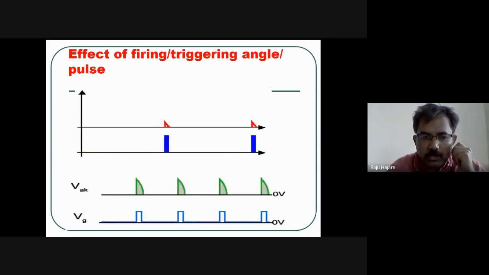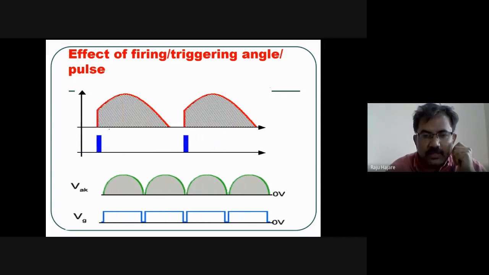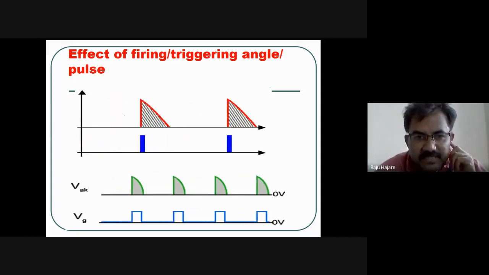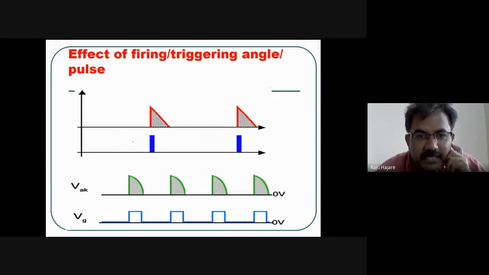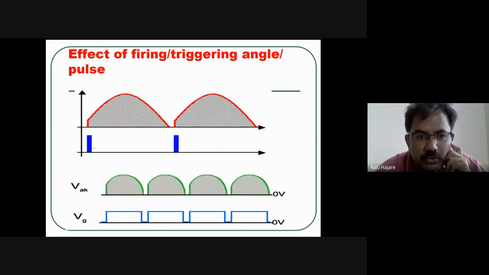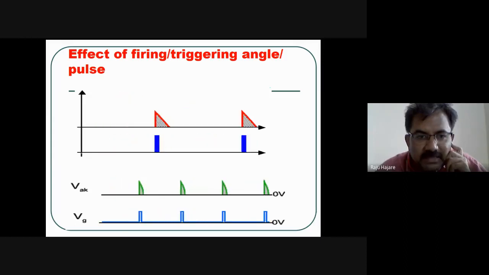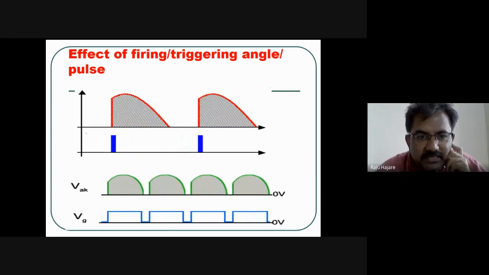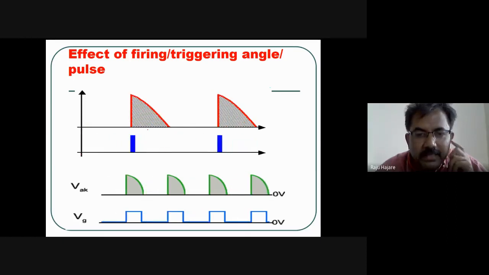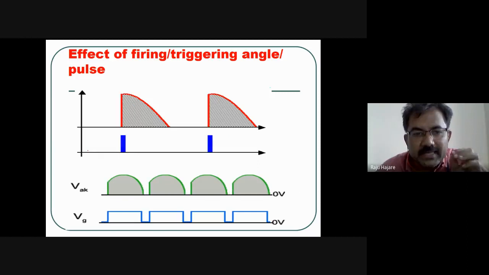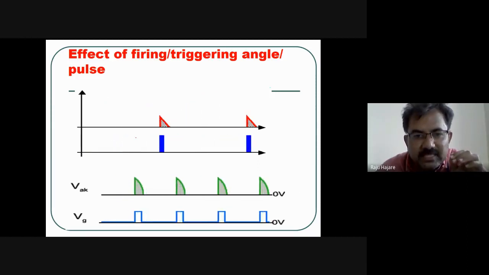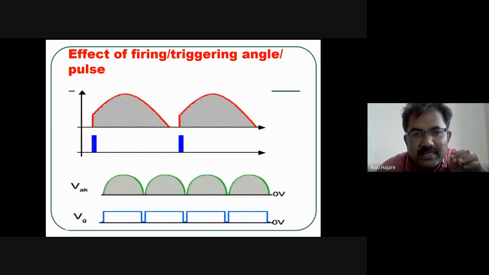At the bottom you can see, if you want to consider the first waveform, this blue colored pulse is the trigger pulse, or the gate pulse, that you are applying. If you apply the gate pulse in the beginning at the 0 reference, conduction will be full. From 0 to pi you will get the output. If the trigger pulse applied, the gate pulse applied, is delayed, something like this, the output will decrease.